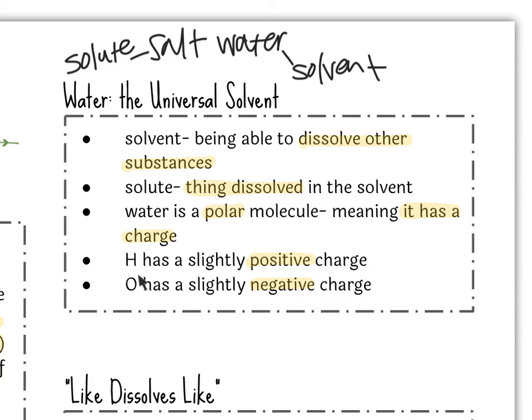And do these just cancel out in water? No, because in water we know it's H2O, meaning it has two H's and only one oxygen. So water has an overall positive charge because it has more hydrogens, which are positive. And this is a very important thing to remember, that water is a polar molecule.